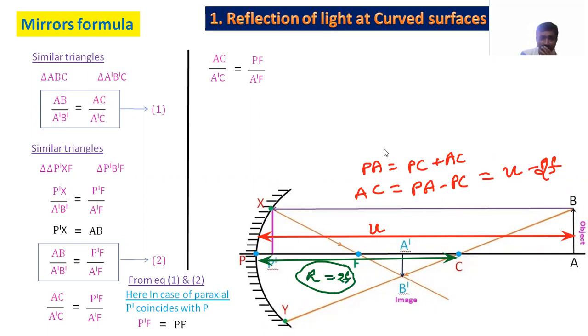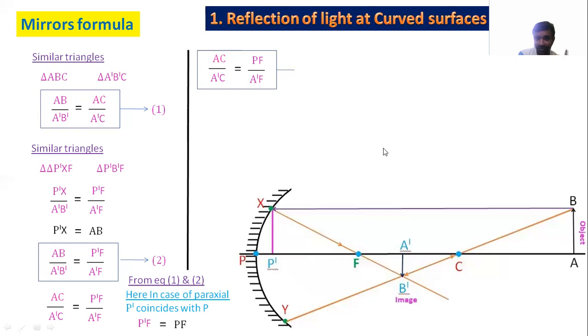So like that I am finding here. Look at here. So this I am identifying as equation 3, because I need to replace the values of every measurement: AC, A dash C, PF and A dash F. So that's why I am finding AC equal to PA minus PC. A dash C equal to, in the same way, what is A dash C? I don't know.